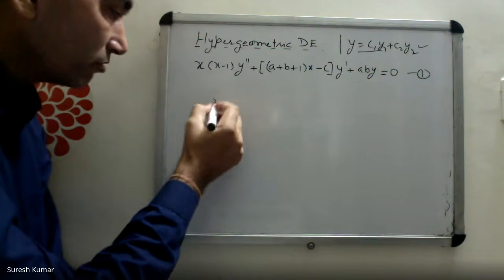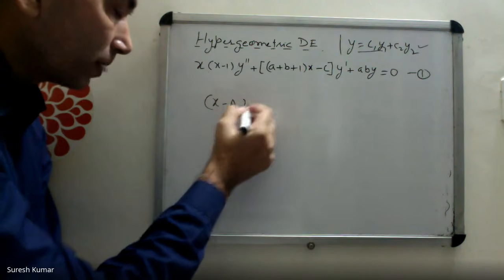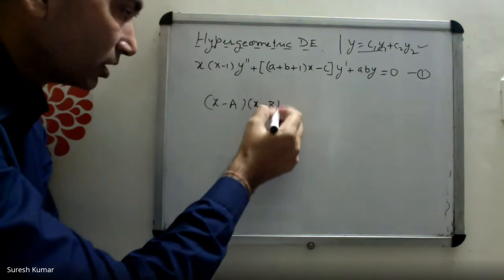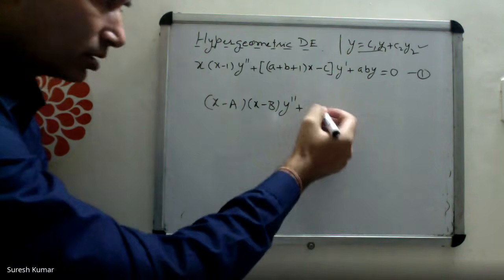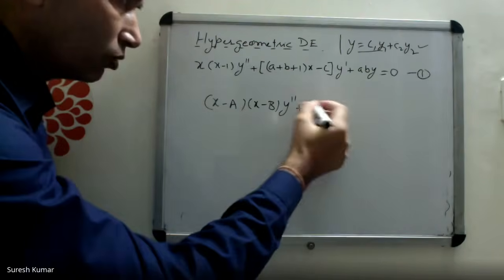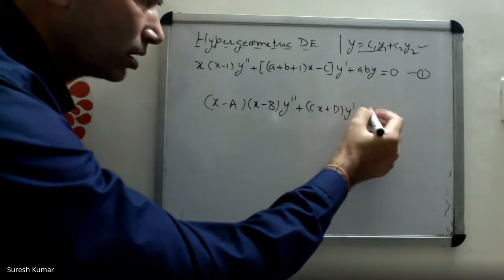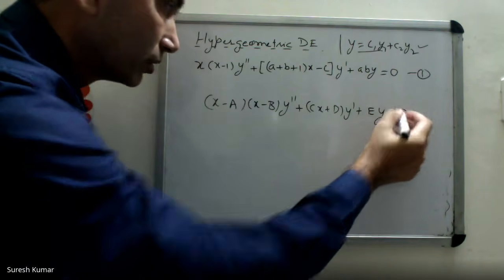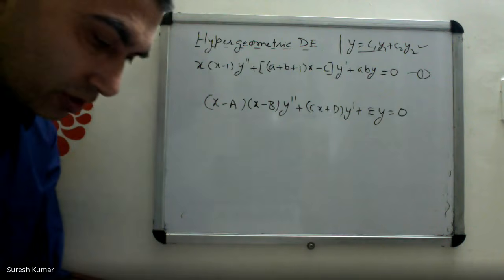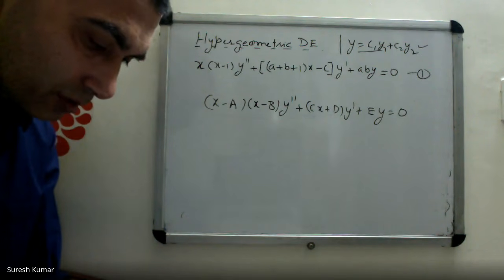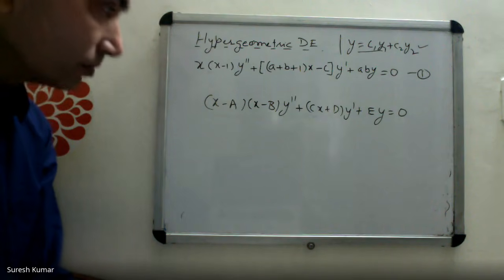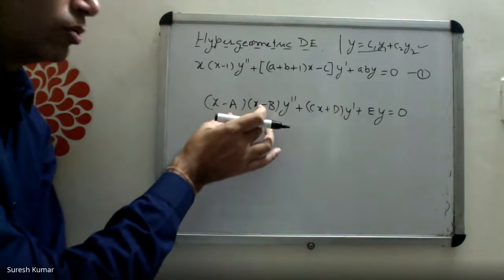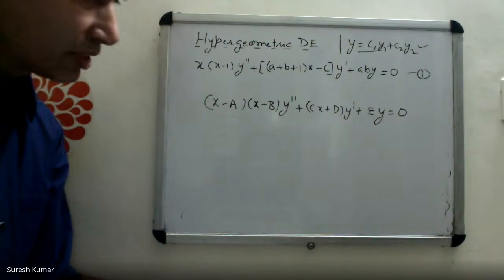Suppose you are given a differential equation of the form x minus a into x minus b, y double prime plus cx plus d, y prime plus ey. You understand what kind of differential equation it is? The coefficient of y double prime is a quadratic expression which can be broken into two linear factors.